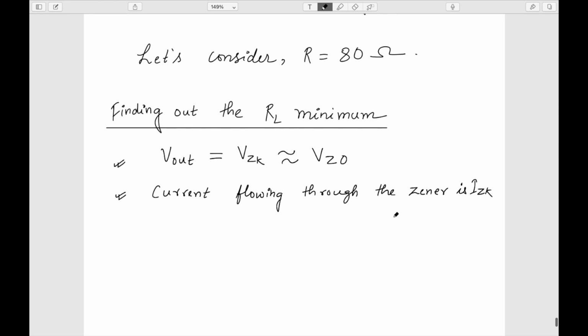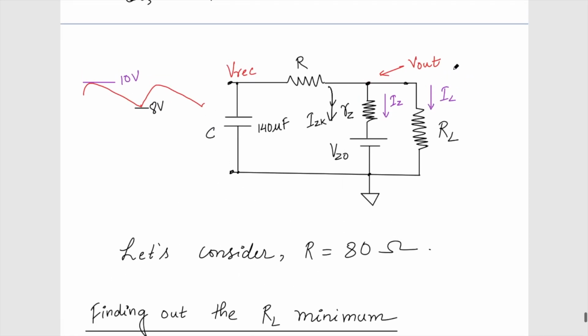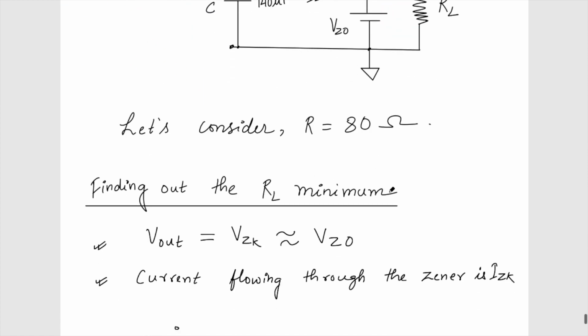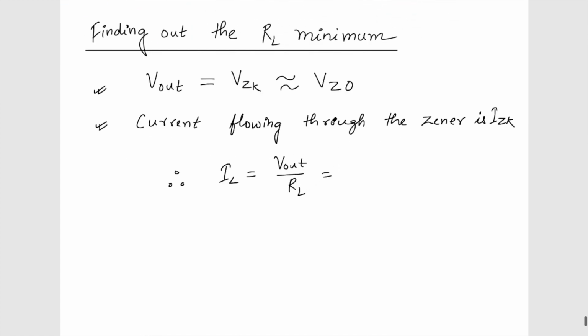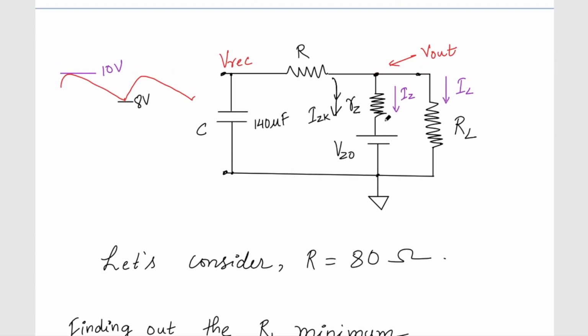These are the two conditions. Therefore the current flowing through the load, because V out has now become VZ0, will be IL equal to V out by RL, that is VZ0 by RL.